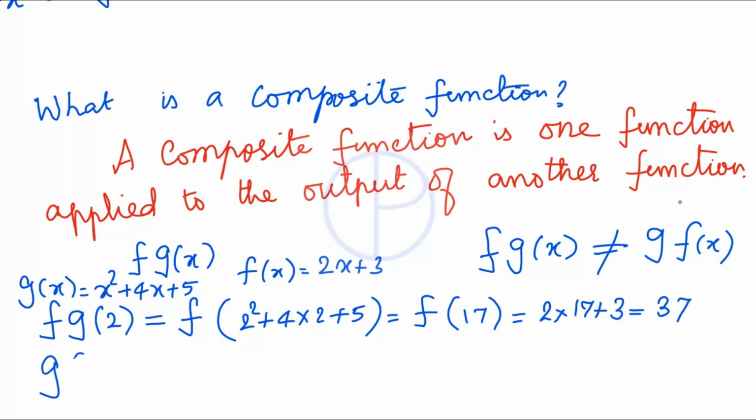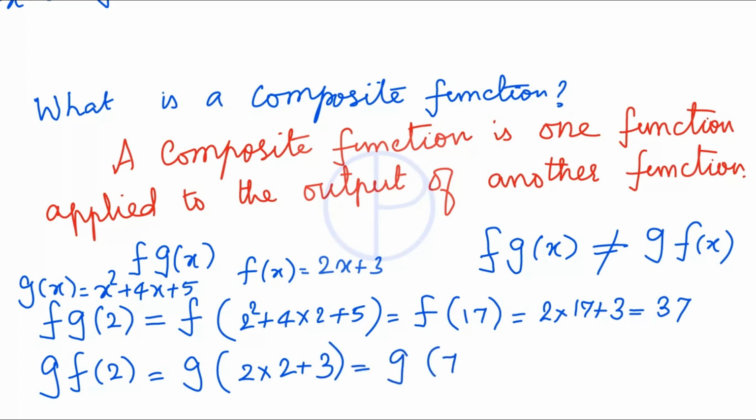Now here let's find g f of 2. Plug in the value 2 in the function f of x. So you get 2 multiplied by 2 plus 3, which is 7. G of 7 equal to, plug in the value 7 in the function g of x.